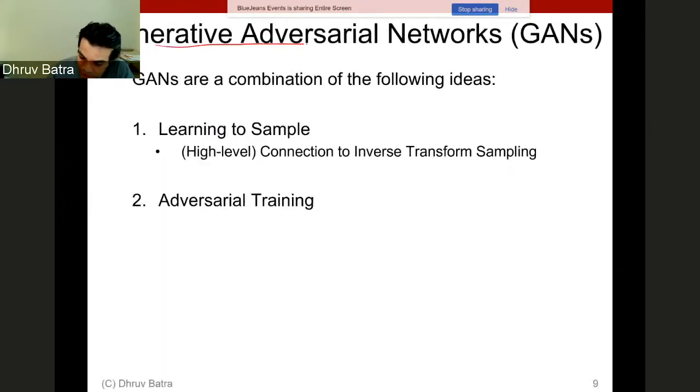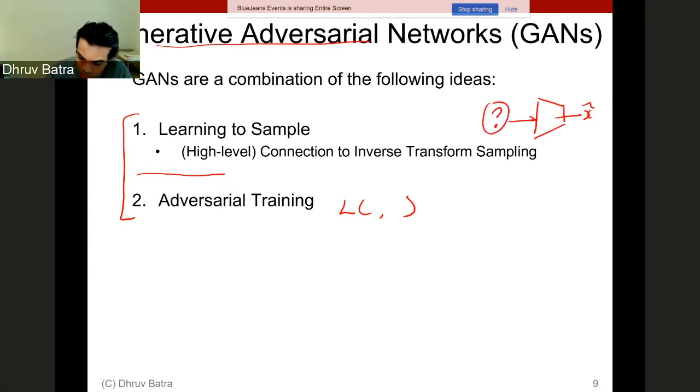GANs then consist of the following two ideas. Just like with VAEs, I've disentangled those two ideas and we will see them separately. One of them is about defining a loss function, and one of them is about what the input is to this neural network that is going to produce a sample.